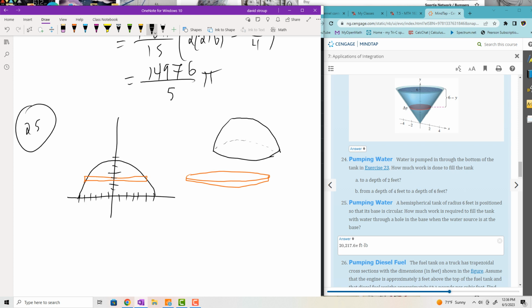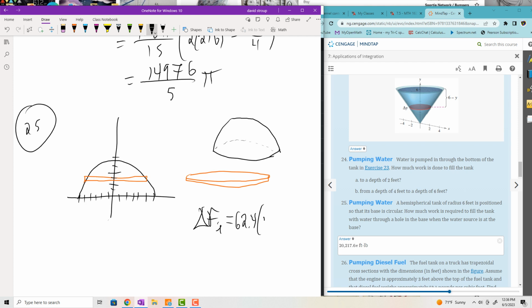How much work is required to fill the tank with water? So water, again, the density for that is 62.4, so we need a sort of weight increment. So it'll be 62.4 times the volume of the particular discs that are being pushed into place.